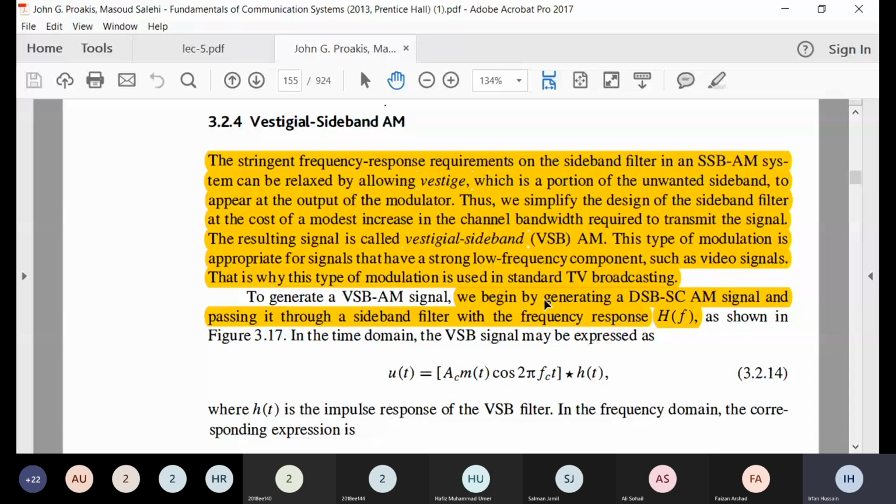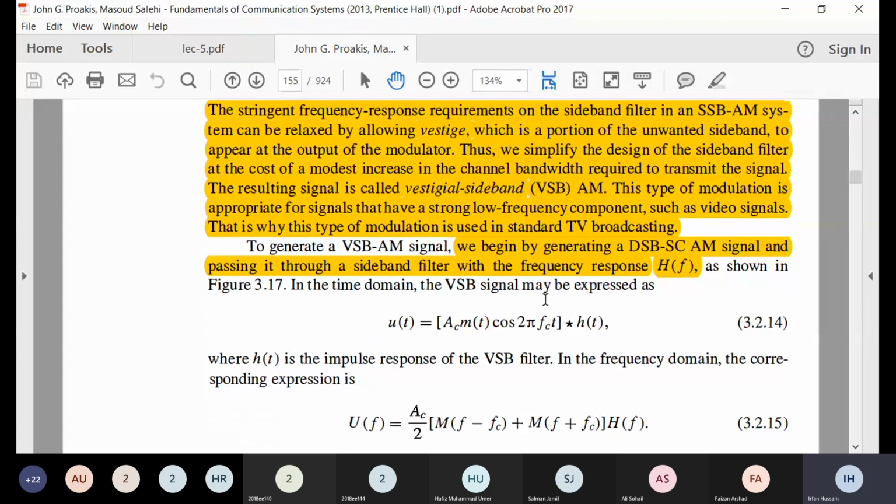Now, how can we generate this vestigial sideband AM signal?